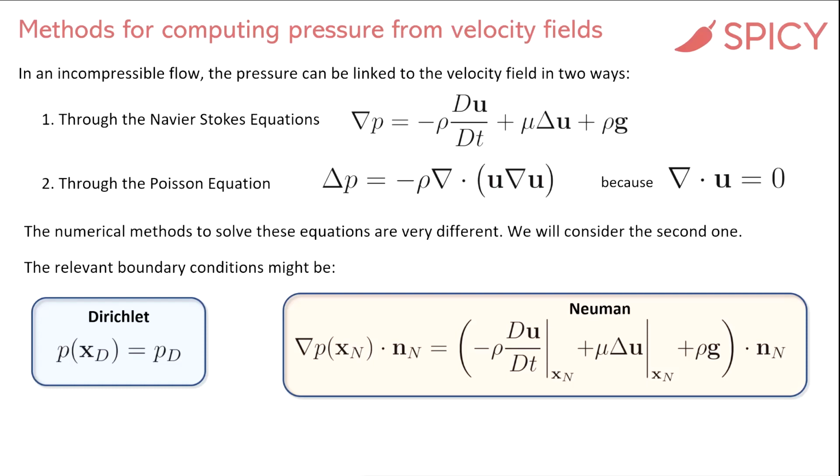In the Dirichlet boundary conditions, we will impose the value of the pressure at some specific points, which we denote as xd, and we denote as pd the value of pressure which we are imposing in those points. In the Neumann conditions, we impose a certain value for the projection of the pressure gradient along a certain direction. This direction, which I denote here as n, is usually the normal direction. This is the direction normal to the surface on which we're going to introduce this condition.